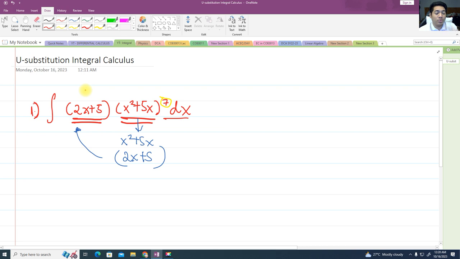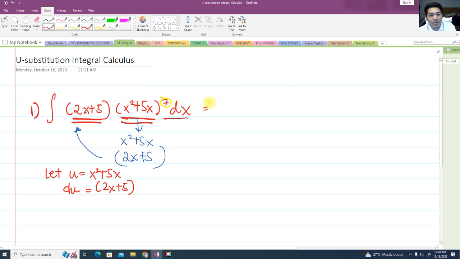In employing U-substitution here, I'm going to let u = x^2 + 5x, and then we get the derivative of u on the left side, which is du, and differentiate x^2 + 5x with respect to x on the right side. So that becomes (2x + 5) dx.